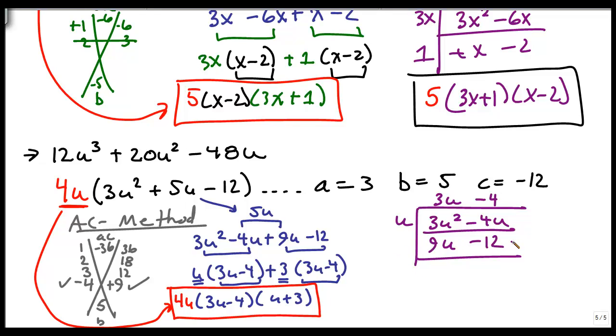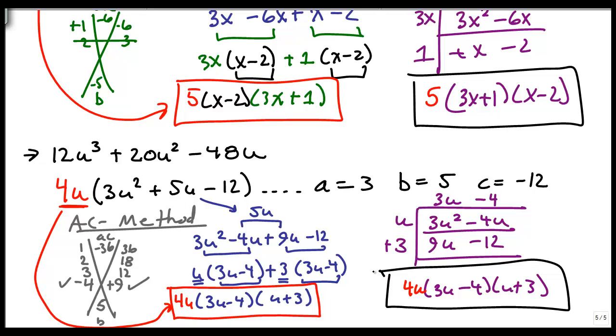Greatest common factor in my second row is 3. u times 3u is 3u squared. u times negative 4 is a negative 4u. 3 times 3u is 9u, and 3 times negative 4 is negative 12. So that's my factored form. This is a positive 3. So I have 3u minus 4 times u plus 3. And again, I need to make sure I have this 4u out front.